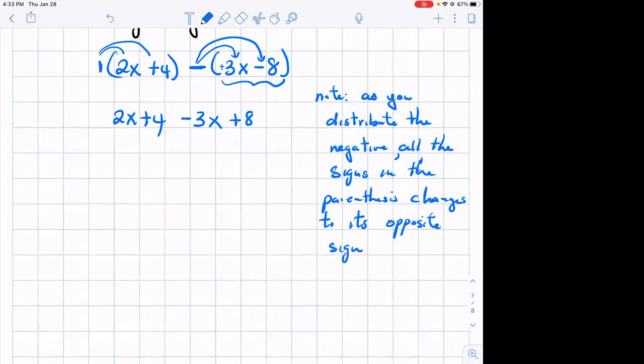Meaning that if you had a +3 in the parentheses, it became a -3. If you had a -8, it became a +8.